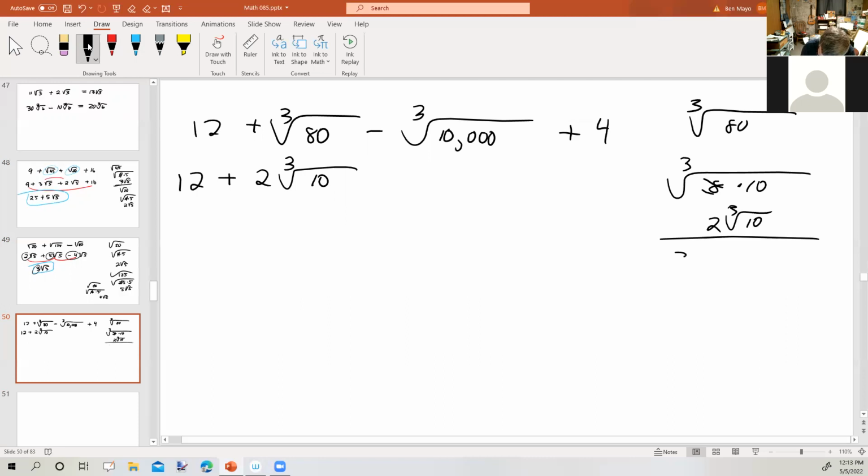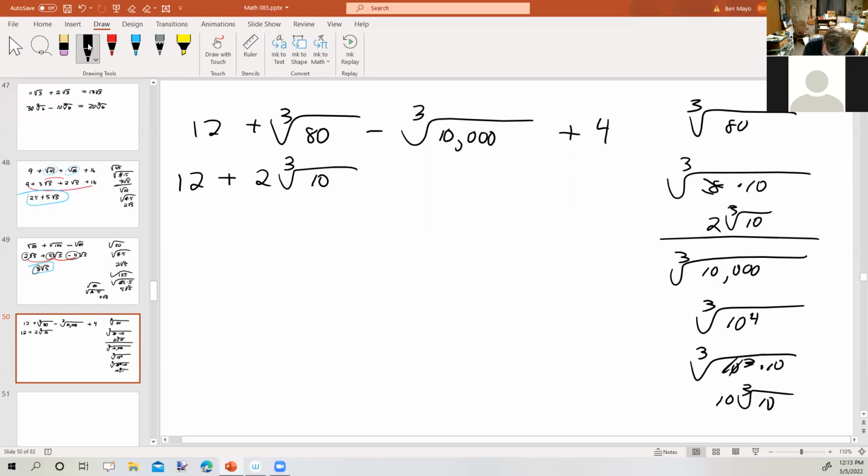And then the cube root of 10,000 would be the cube root of 10 to the 4th, because 10,000 is 10 times 10 times 10 times 10. But that's the cube root of 10 cubed times 10. The cube root of 10 cubed is 10 outside, so I get minus 10 cube roots of 10 plus 4.